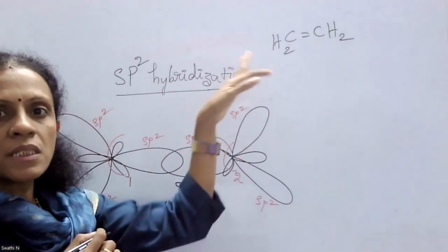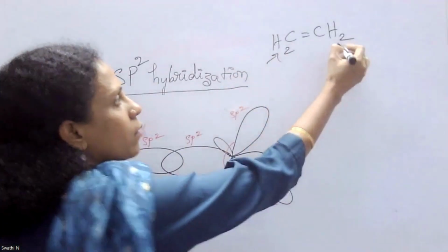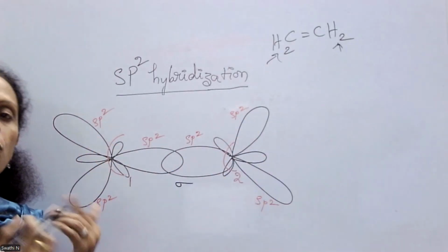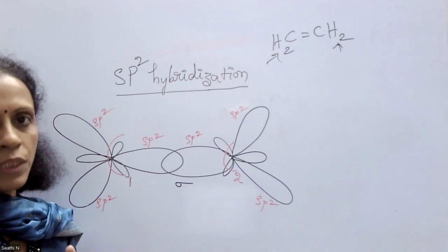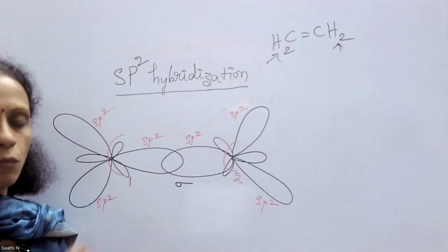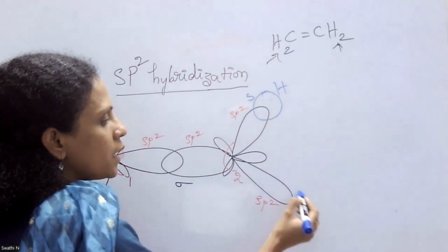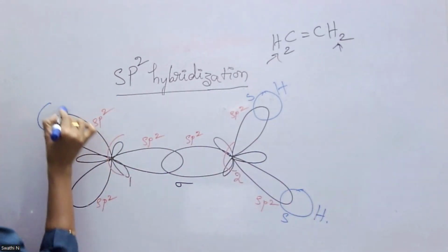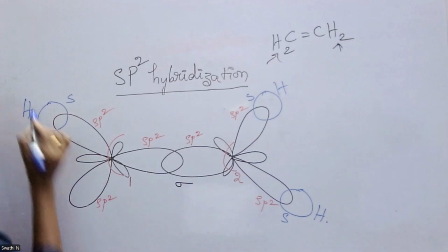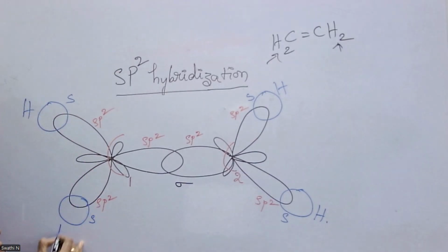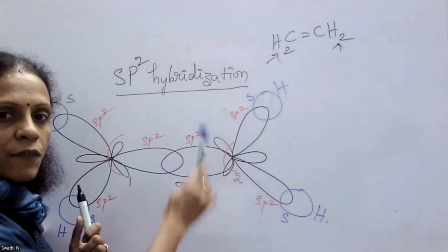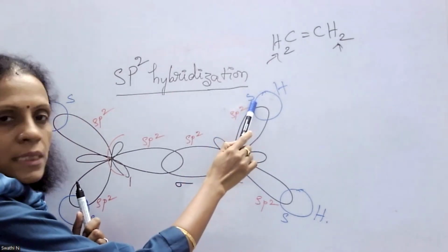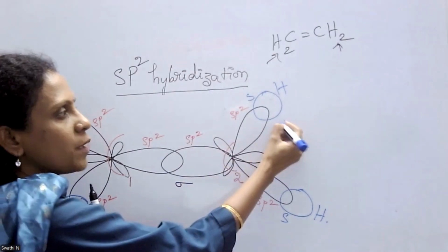Now you can see in the structure of ethene, 2 hydrogens are there. So these sp2 hybrid orbitals of each carbon will now be involved in overlapping with the hydrogens. This is the s orbital of one hydrogen, and this is the s orbital of another hydrogen. So this is how, because of the overlapping of sp2 of carbon and s orbital of hydrogen, there will be formation of sigma bonds.